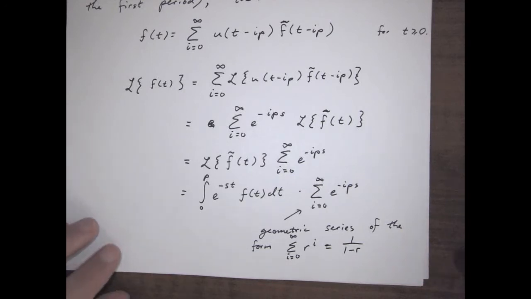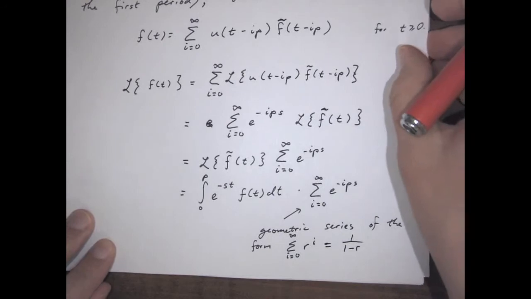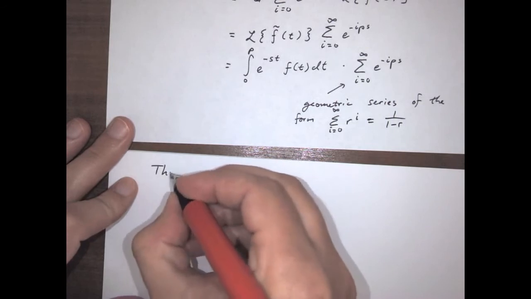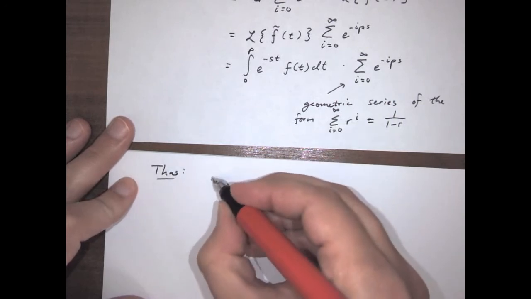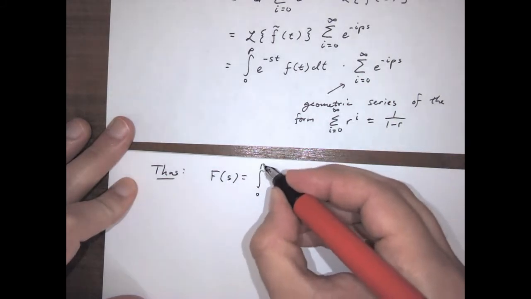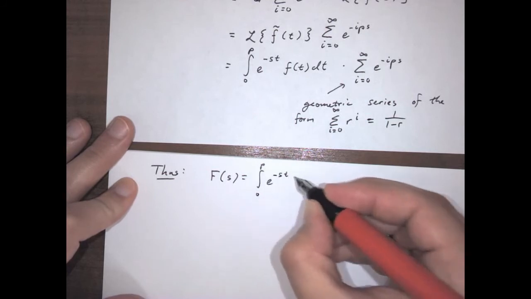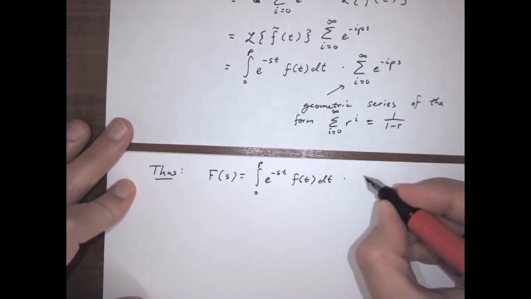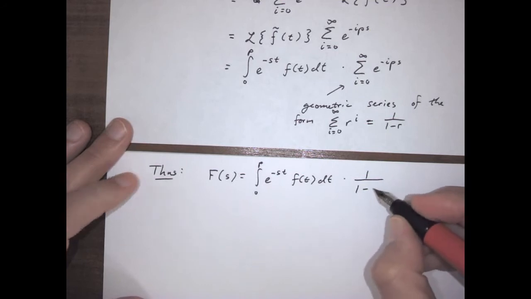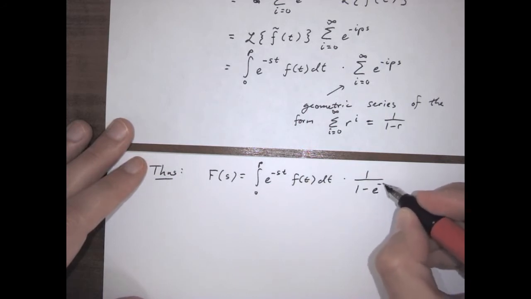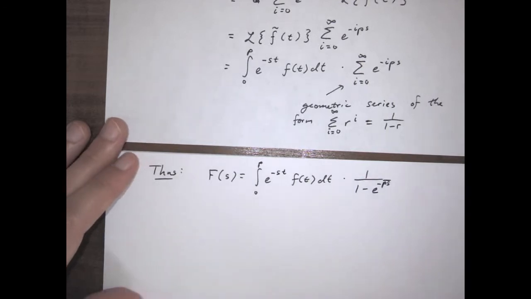So then what that means is, thus, the Laplace transform of f is equal to the integral from 0 to p of e to the minus st f of t dt times 1 over 1 minus, and here it's negative ps that's playing the role of the r, so it's e to the negative ps.